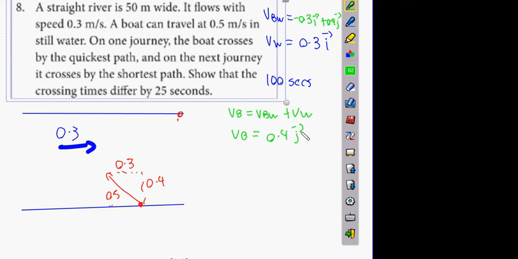Divide 0.4 into 50, because you're going across 50 meters. So what's 50 divided by 0.4? 125. Therefore, my shortest time and my shortest distance differ by 25 seconds. They're pretty handy, aren't they?